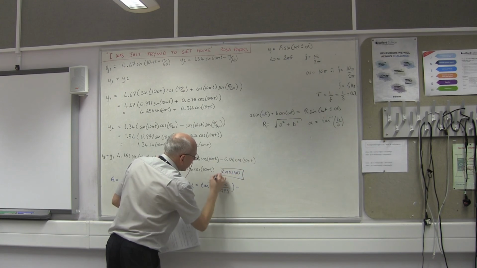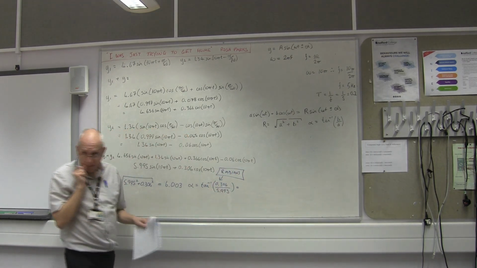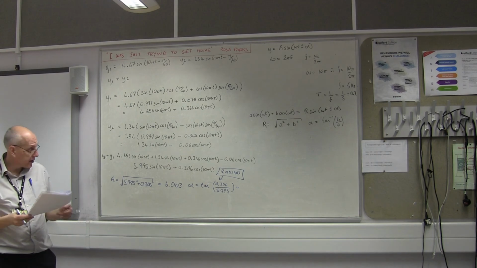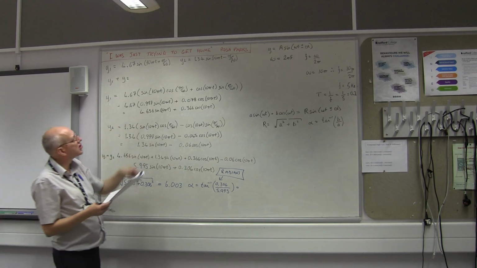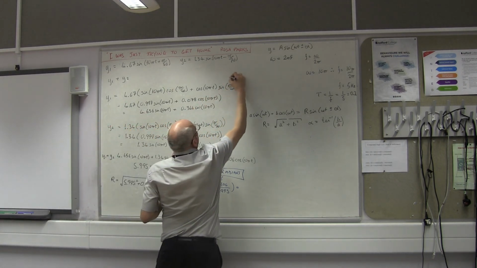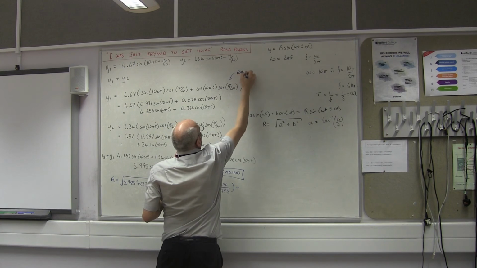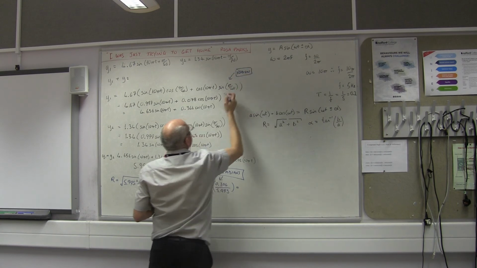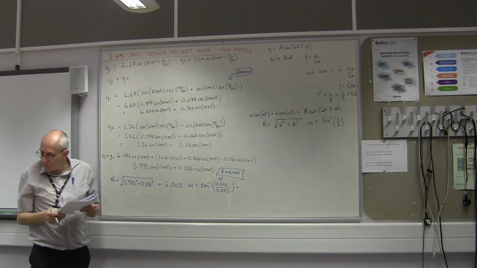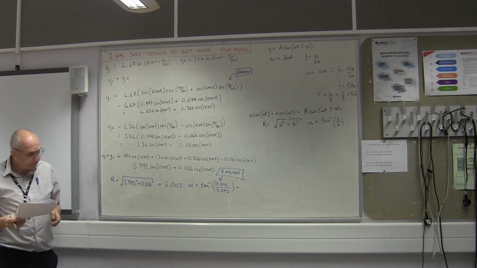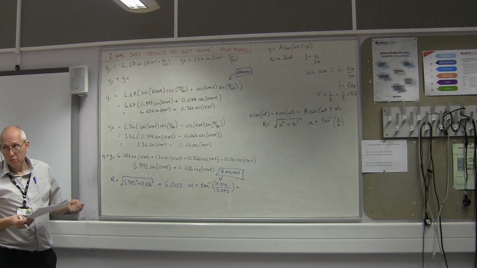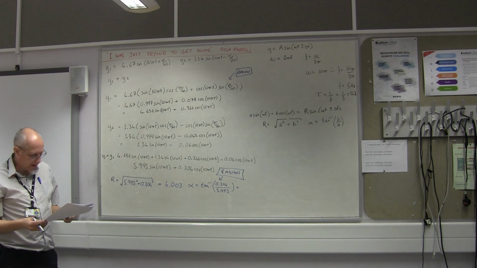I'll just put that there as a big reminder. Your calculator needs to be in radians when you're doing any trig functions. I should have said that earlier. Reminder there, the calculator has to be in radians for solving these numbers, otherwise it'll be wrong if it's in degrees.